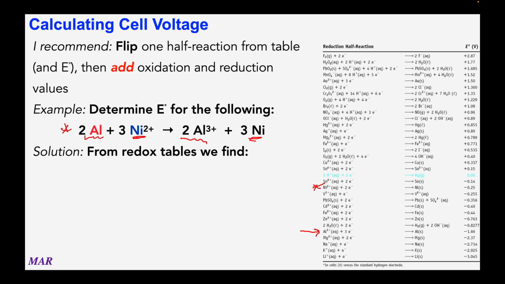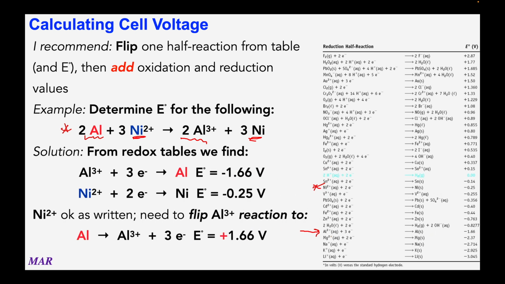So we're going to end up flipping the minus 1.66 into a positive 1.66. Because we don't want aluminum 3 plus as a reactant as listed in the table, we want aluminum 3 plus as a product. So if you flip the aluminum 3 plus reaction around, you get aluminum going to aluminum 3 plus 3 electrons, 1.66 volts positive. You can add that to the cell potential of minus 0.25 volts.